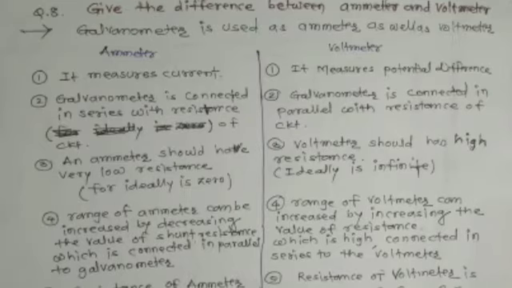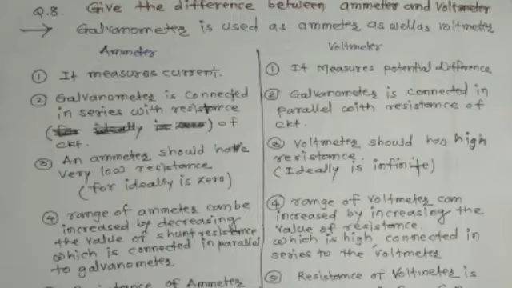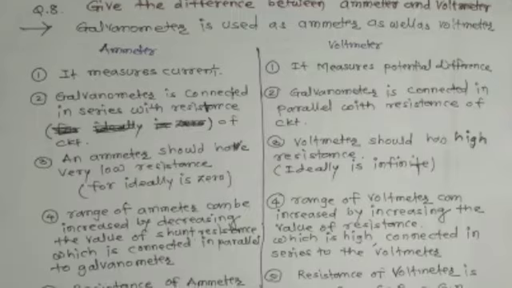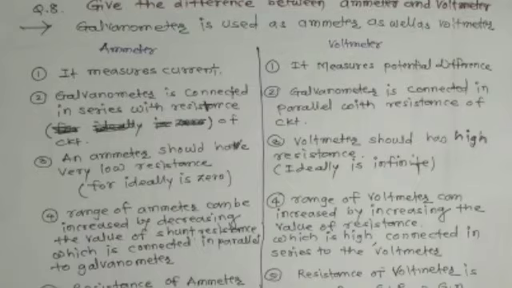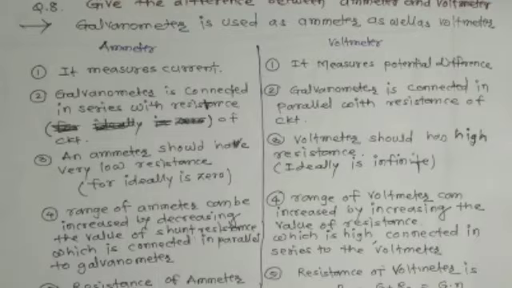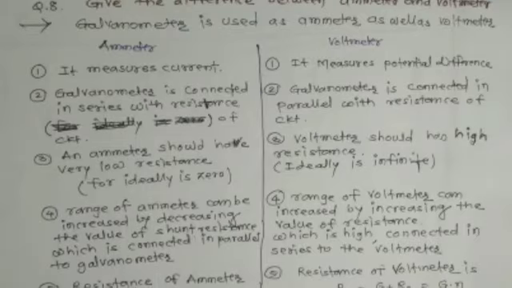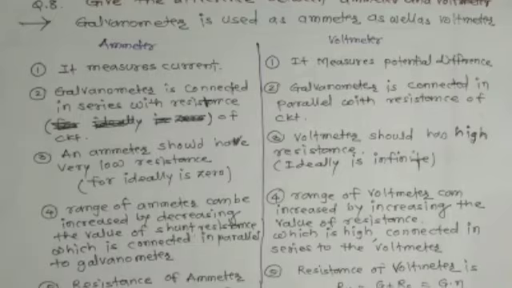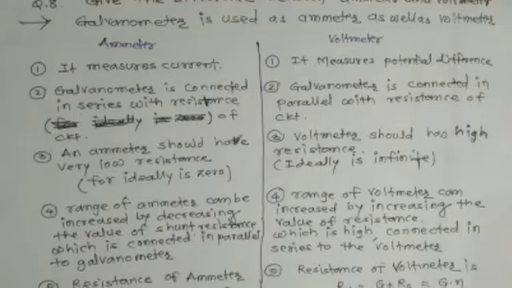An ammeter should have very low resistance. For an ideal ammeter, resistance is 0, whereas a voltmeter should have high resistance. Ideally, a voltmeter has infinite resistance.